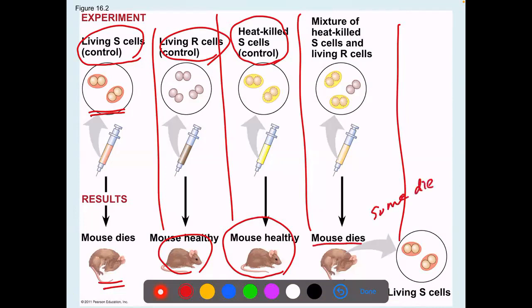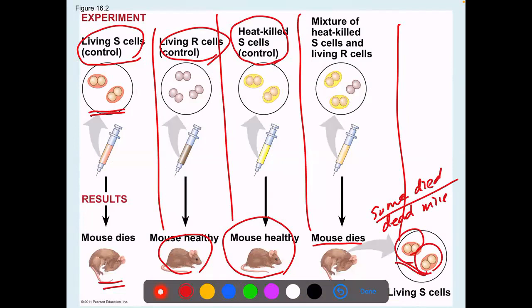Okay. So using the dead mice, they isolated the bacteria in there, and they were able to isolate S strain, not the R strain.